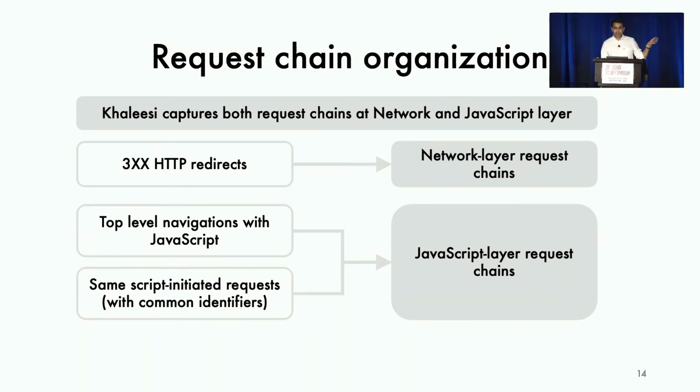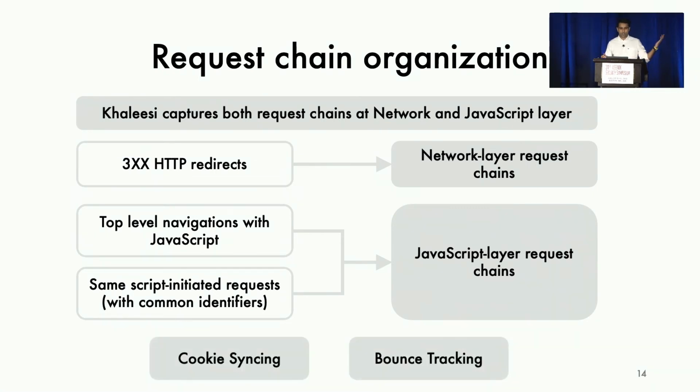And the second are the requests initiated from the same script that share common identifiers. And overall, by capturing these chains at the network and the JavaScript layer, we capture a broad range of tracking behaviors that are executed with request chains. Examples include cookie syncing, bounce tracking, and several other techniques.